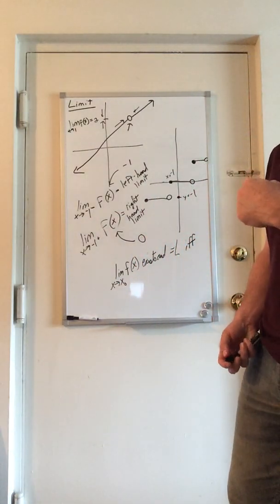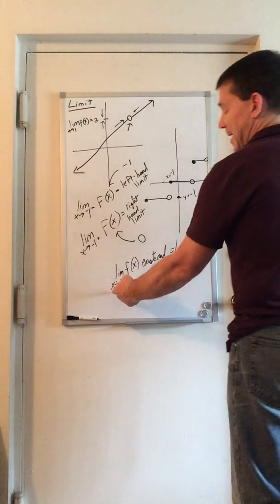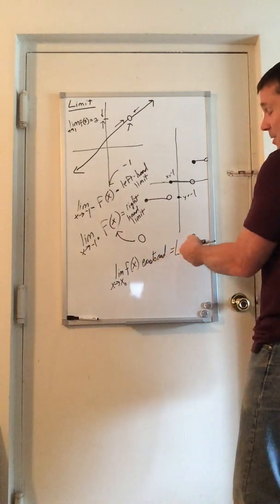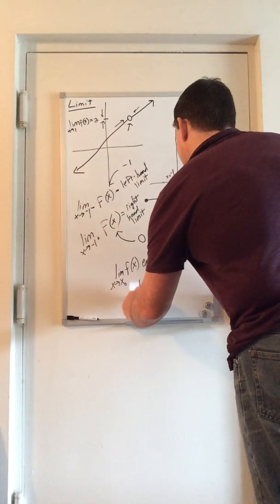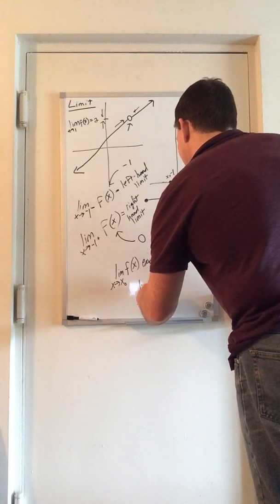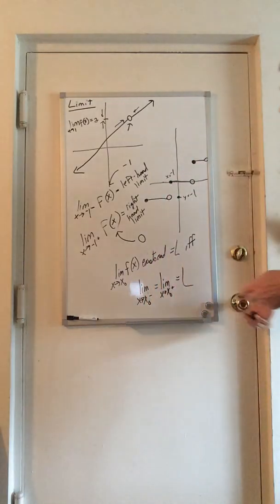If you don't know math shorthand, that stands for if and only if. So the limit as x approaches x sub 0 of a function exists and equals some number L if and only if the limit as x approaches x sub 0 from the left is equal to the limit as x approaches x sub 0 from the right, is equal to L.